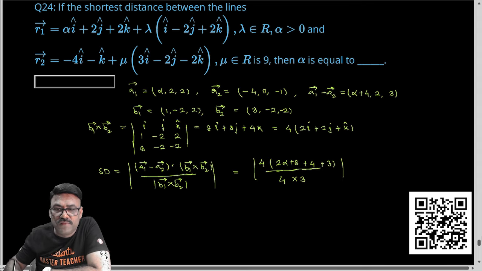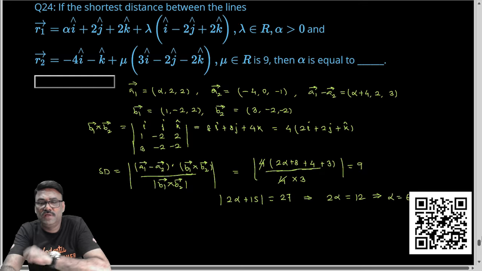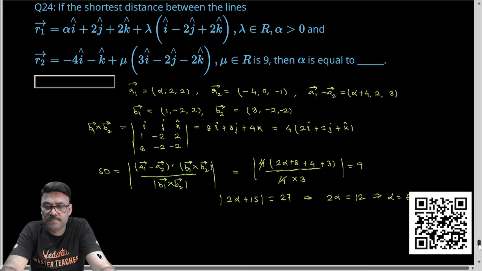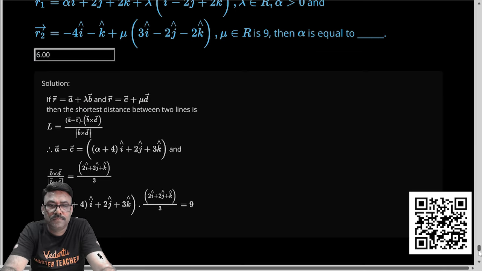And this shortest distance is given as 9. 4 4 cancel here. So you get mod 2 alpha plus 15 is equal to 27. As it is given that alpha is positive, no need to take mod. 2 alpha will be 12. Alpha will be 6. So basically alpha is 6 here.